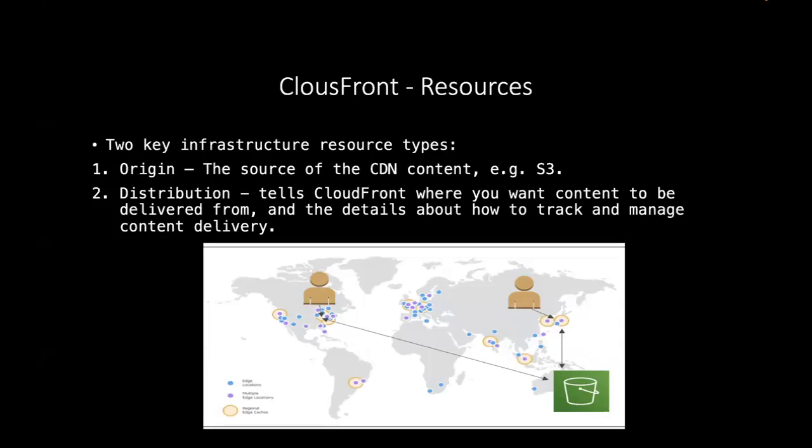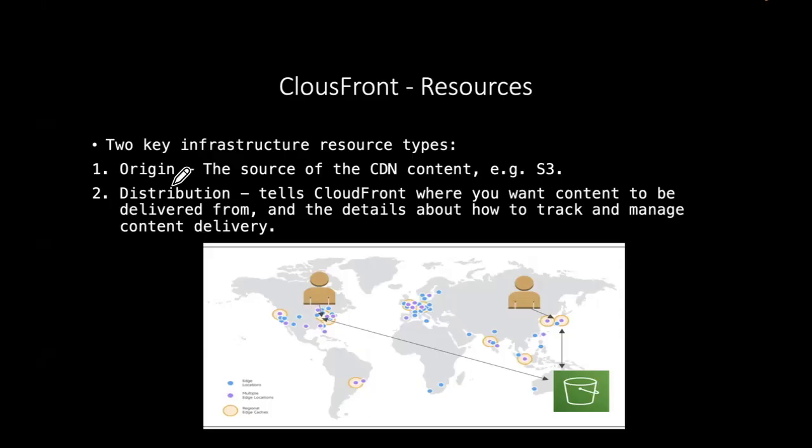In our case, it's going to be an S3 bucket, but it could be any type of HTTP compliant backend, I suppose, if you like. And the second thing then is you have to declare what's called the distribution in your CDK stack, and the distribution describes how your content delivery network is going to be managed.